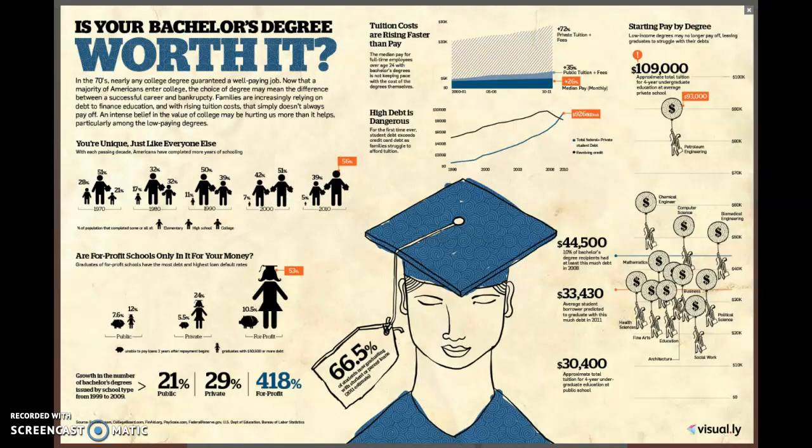Our third infographic example is titled, Is Your Bachelor's Degree Worth It? On first glance, this infographic appears busy and cluttered. Nevertheless, it is overall balanced, in that all spaces are equally filled and there are no glaring areas of white space.